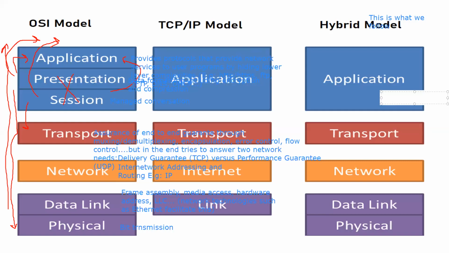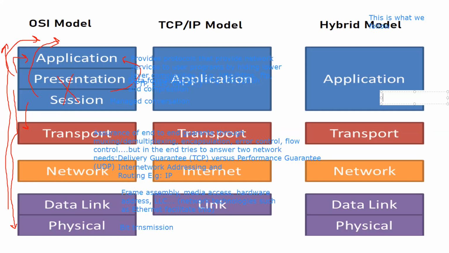Okay. Therefore, the application layer provides protocols that provide network services to user programs. Transport layer assures end-to-end data integrity. Network, inter-network addressing and routing. Data link, provision of network technologies in order to provide media access, hardware addressing, etc. And physical layer to assure the digital bit transmission.